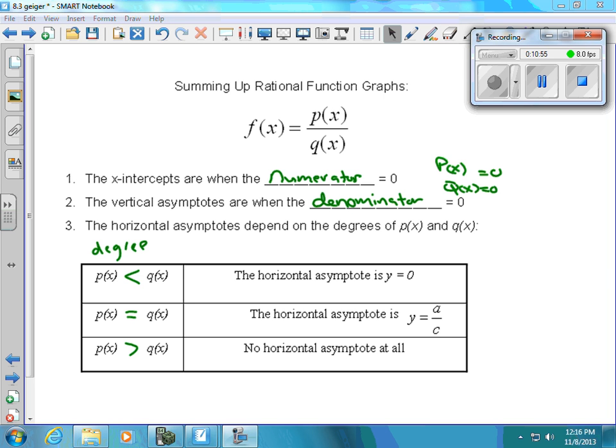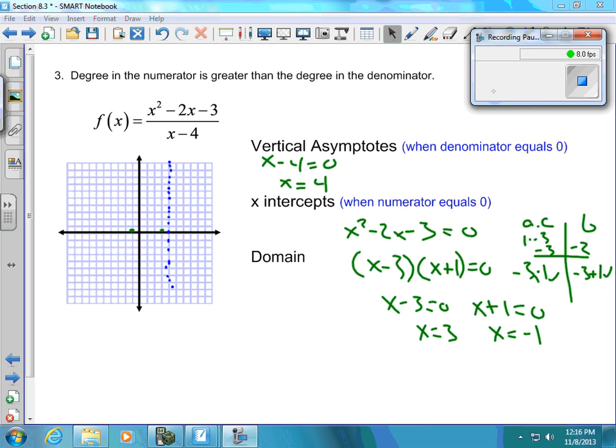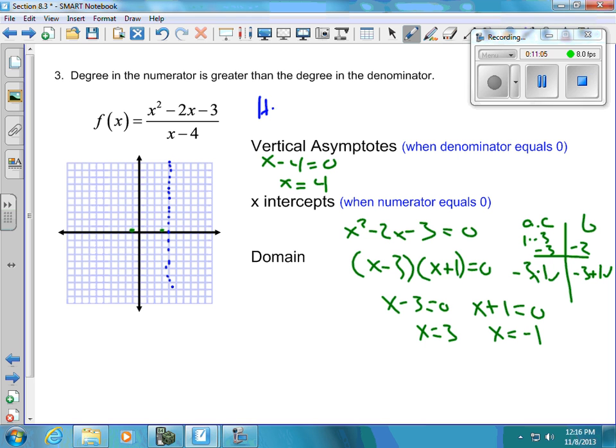So that's why there's not one labeled on this slide. So if it asks us for a horizontal asymptote, because on the test it might, we would say none.